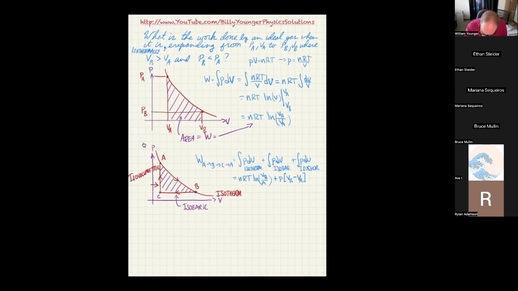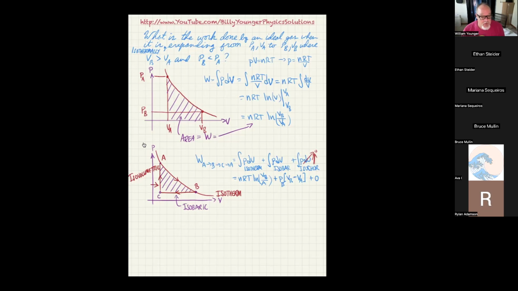And of course, the pressure here is the pressure at B because it's isobaric. So that's that part. And then the isovolumetric part would be plus 0 because the dV is 0. And that's because it's isochoric.